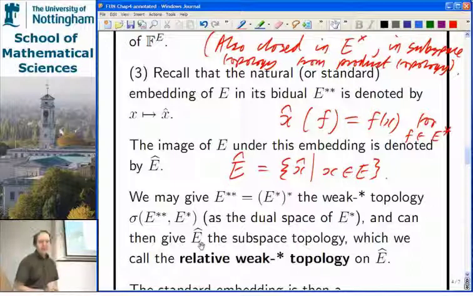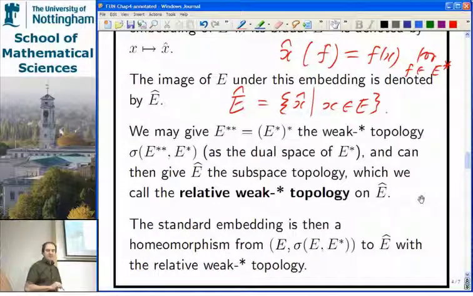And then you can give E hat the subspace topology, called the relative weak star topology. And then a nice thing happens that you might hope for: this standard embedding is a weak star to relative weak star homeomorphism.